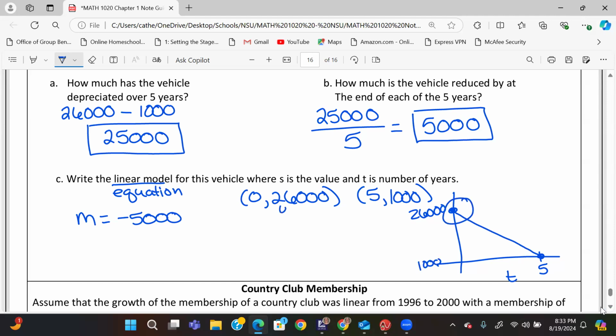That is your y-intercept. When x is 0, you find your y-intercept. Okay, so our y-intercept is at 26,000. Our equation is going to be y equals negative 5,000x plus 26,000.